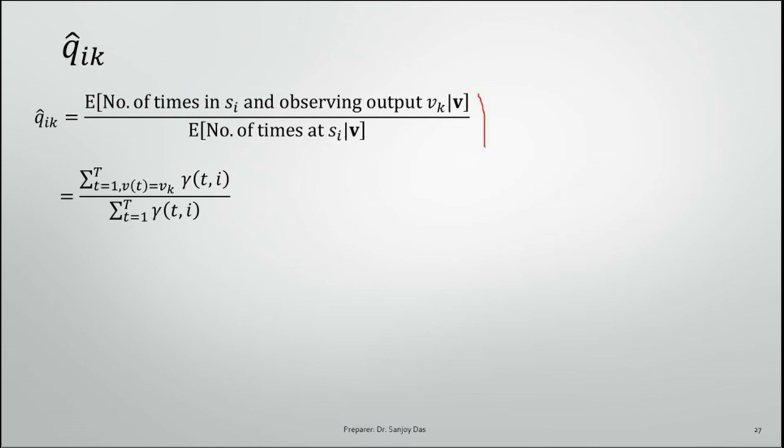The numerator is the number of times the HMM was in state Si and output Vk was observed, divided by the number of times the HMM was in state Si, which is equal to summation t equals 1 through uppercase T. Now we have uppercase T here instead of T minus 1. The summation over all the times the output was Vk of gamma Ti, divided by summation t equals 1 through T of gamma Ti.